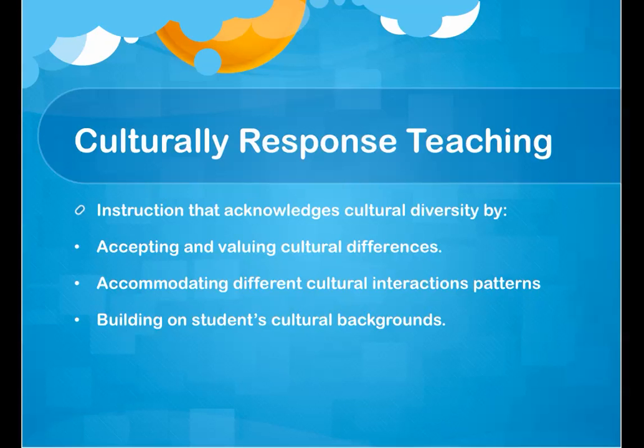And so, per the lesson that we had in the sidebar there, the definition of culturally responsive teaching is instruction that acknowledges cultural diversity by accepting and valuing cultural differences, accommodating different cultural interaction patterns, and building on a student's cultural backgrounds.